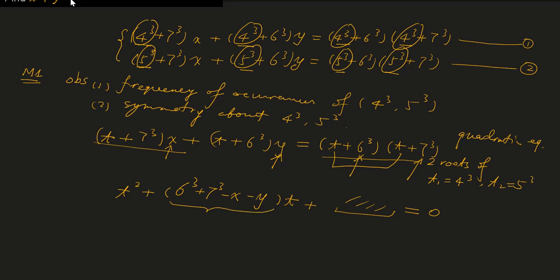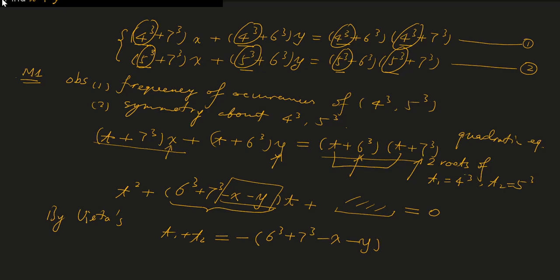And now let's look at this term. Don't forget, all we want to do is to find the sum of x and y. And this part is simply a sum of x and y. Therefore, we can write a new equality about x plus y by Vieta's formula. So, by Vieta's formula, we will have t1 plus t2, which equals minus (6 cubed plus 7 cubed minus x minus y).